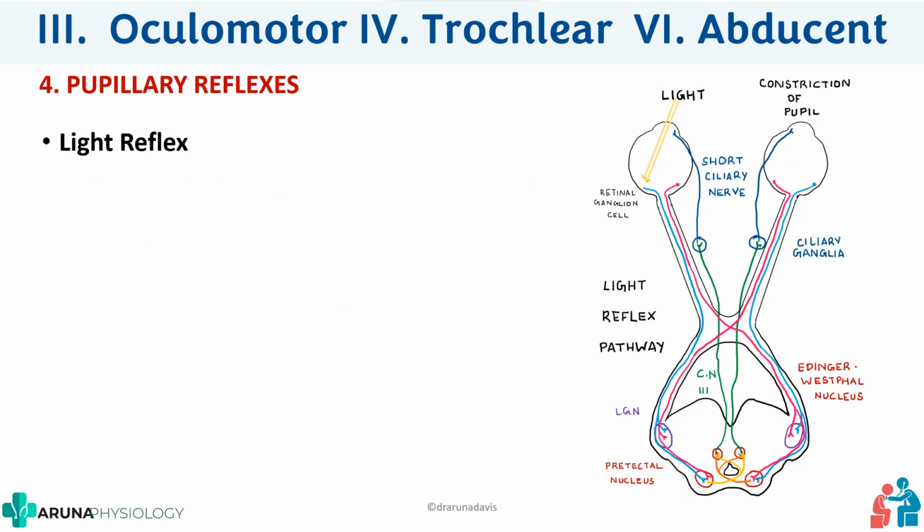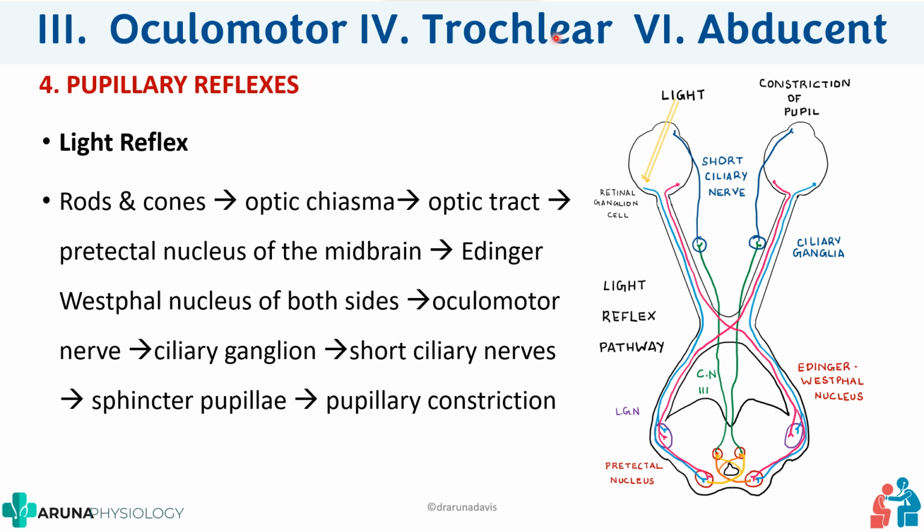Here we should also have a slight theory knowledge about the light reflex pathway. Basically, when light is shown onto one eye, the rods and cones will be activated, and then, as you already know from the visual pathway, the information is passed on to the optic chiasm, reaches the optic tract, and from there fibers go on to the pretectal nucleus, from the pretectal nucleus to the Edinger-Westphal nucleus, and from the Edinger-Westphal nucleus to cranial nerve 3, and reach the short ciliary nerve, which is going to cause constriction of the pupil.